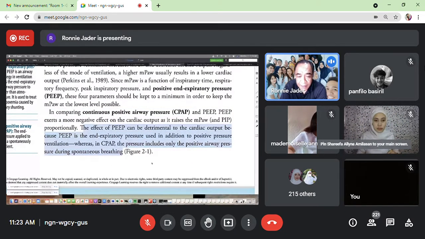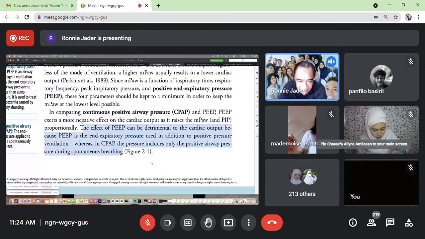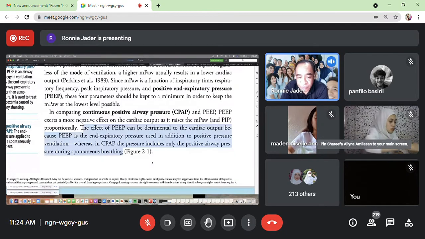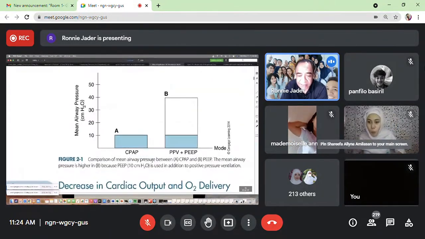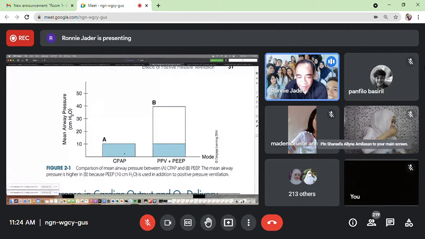The effect of PEEP can be detrimental to the cardiac output because PEEP is the end expiratory pressure used in addition to positive pressure, whereas CPAP is the pressure that includes only positive pressure during spontaneous breathing. So yun ang difference nilang dalawa. Okay? So makikita nyo rito, no? Yung PEEP sa CPAP, pareho silang may pressure above zero.